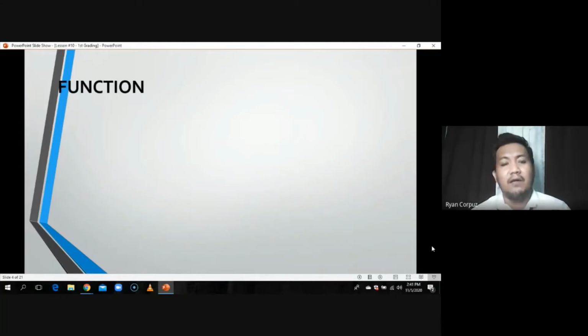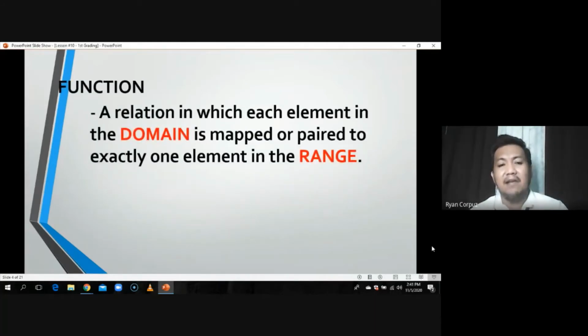We define function as a relation in which each element in the domain is mapped or paired to exactly one element in the range. So look at its definition. Bawat element in the domain, may kapartner siyang isang element in the range. That's why we call that a function.